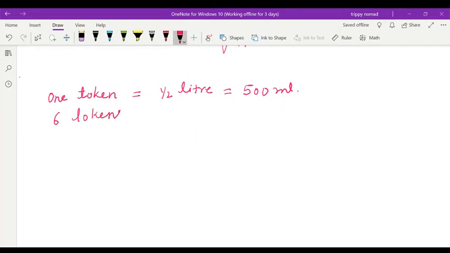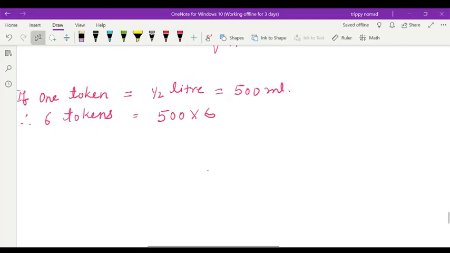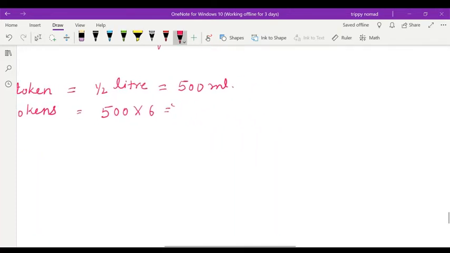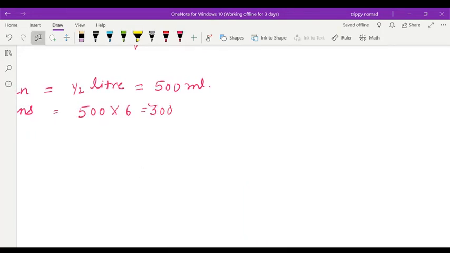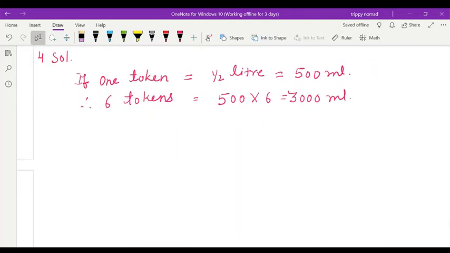If 1 token, therefore 6 tokens will carry more liters. For more we will multiply. So for 6 tokens, what will you get? 3000 milliliter.